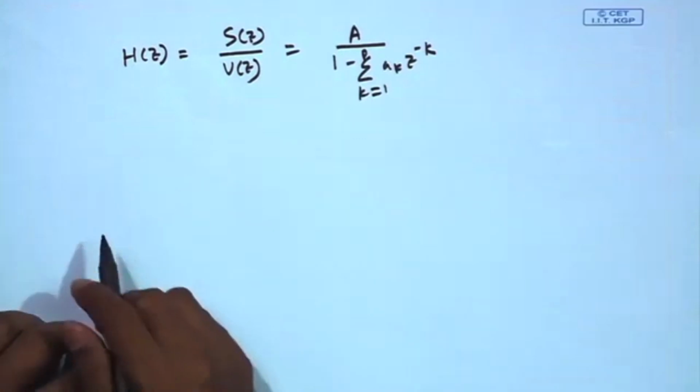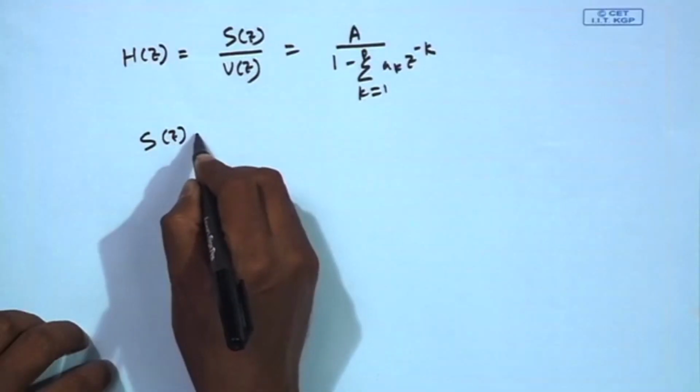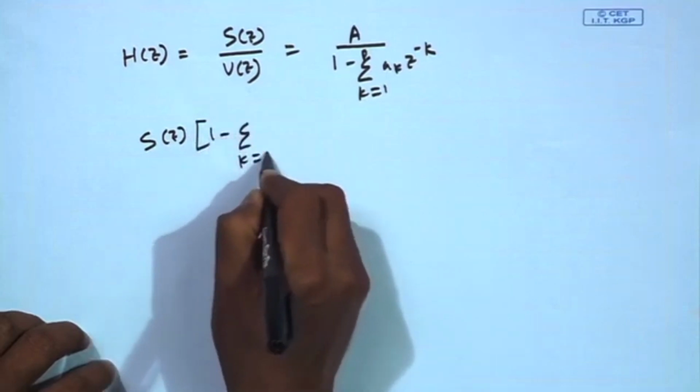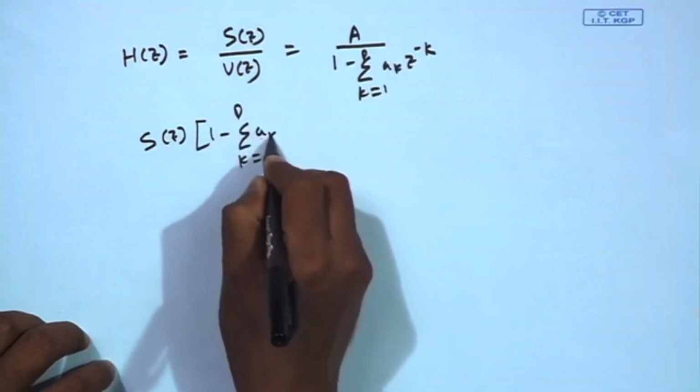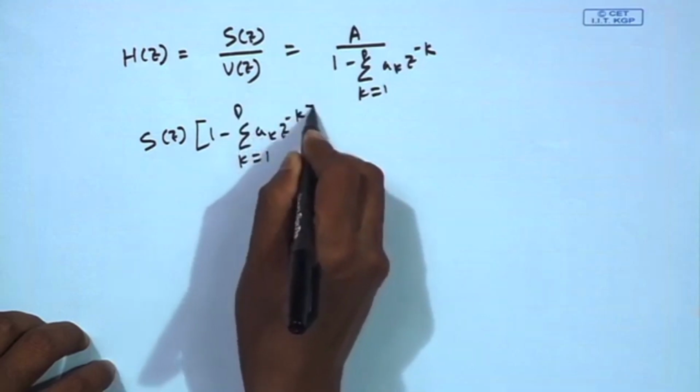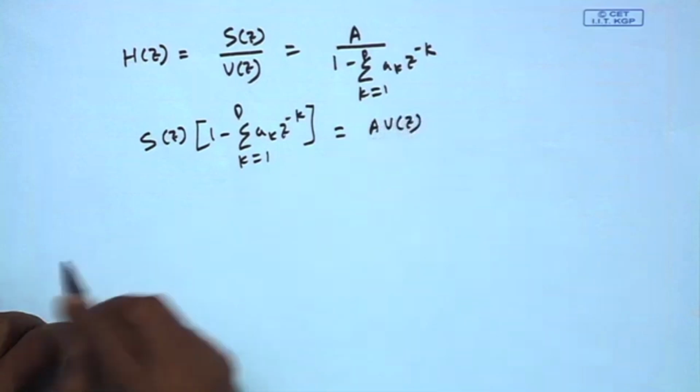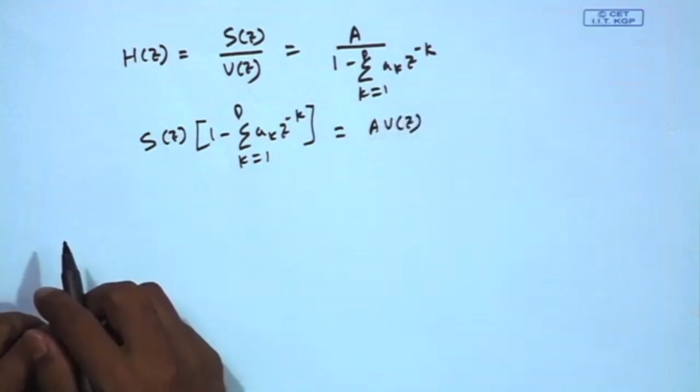Now, if it is that, then I can say S(z) multiplied by (1 minus the sum from k equal to 1 to p of a_k z to the power minus k) is equal to A into U(z). U(z) is the input impulse. Okay.